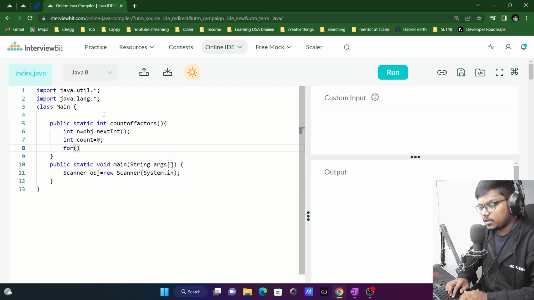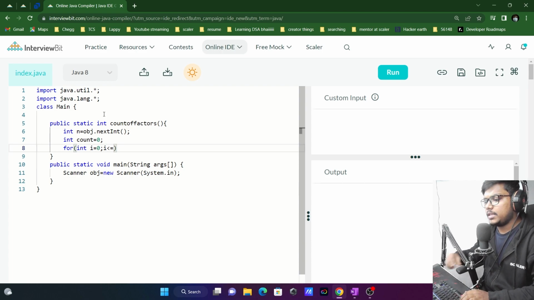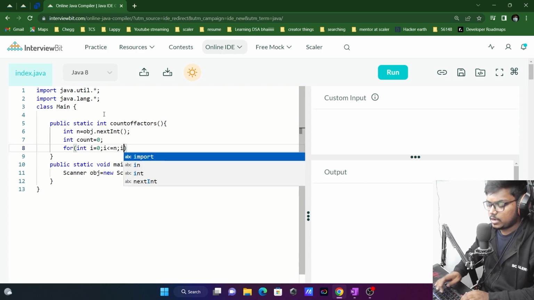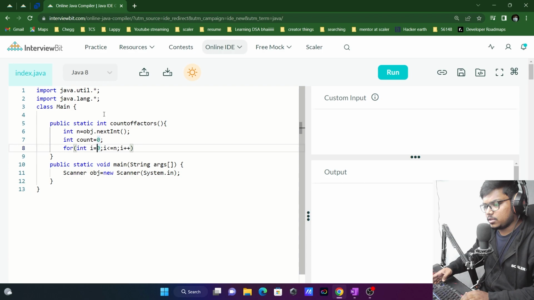Then we need to take a for loop. Should i be 0? We have to start from 0? No, 0 doesn't have any factors, so we have to start from 1.